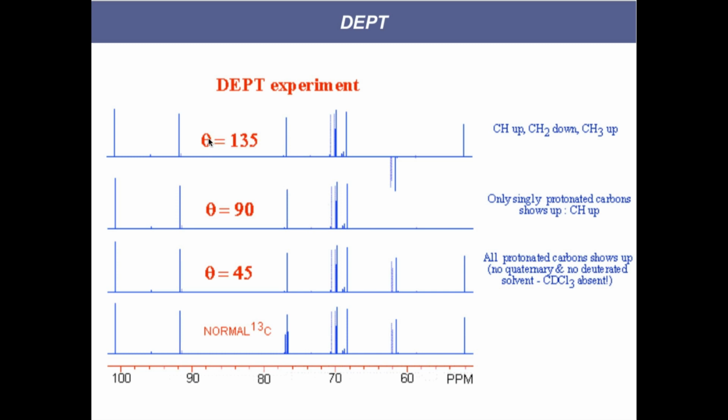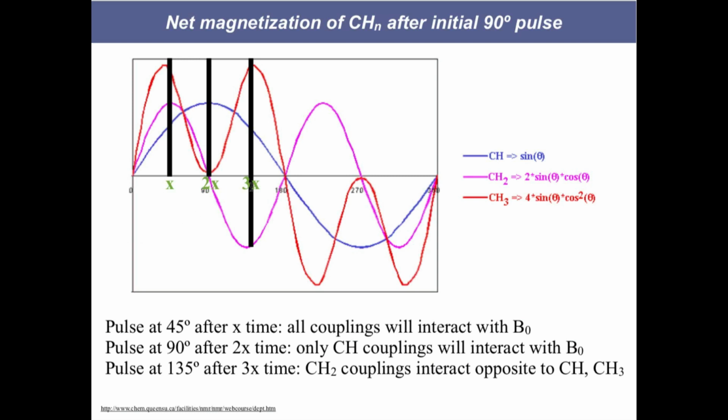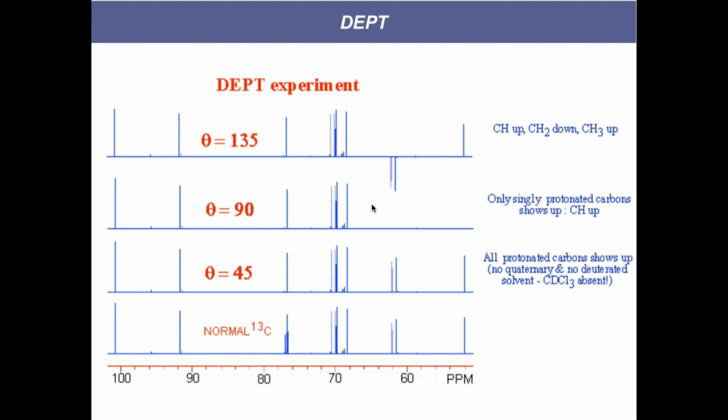Here's DEPT 135. Now remember, if we looked at what 135 was, after 3x time, our CHs and our CH3s are magnetized, but our CH2s are also magnetized, but they're magnetized in the opposite direction. So that means that these peaks here must be the CH2s. And this peak here, which was missing from our DEPT 90, therefore we know that was a CH3.